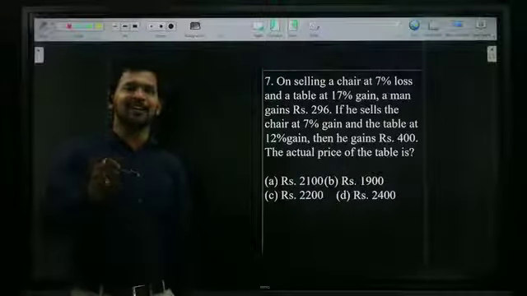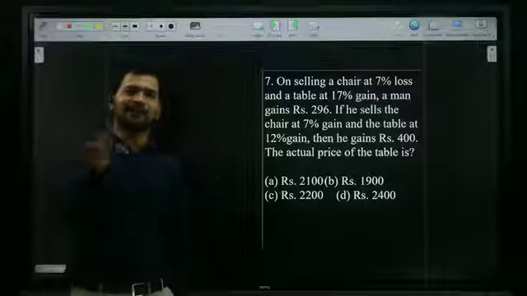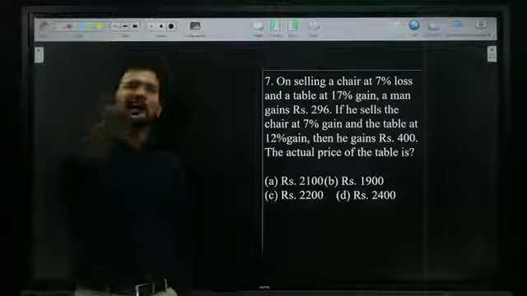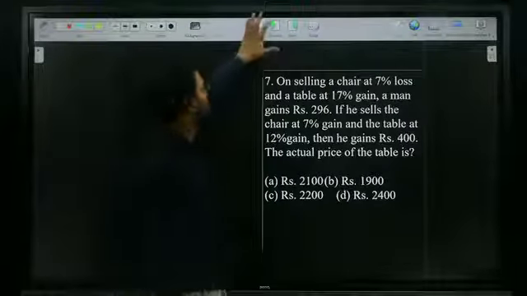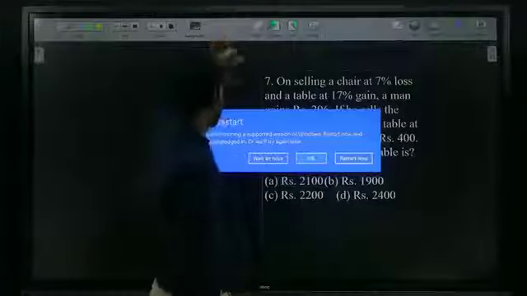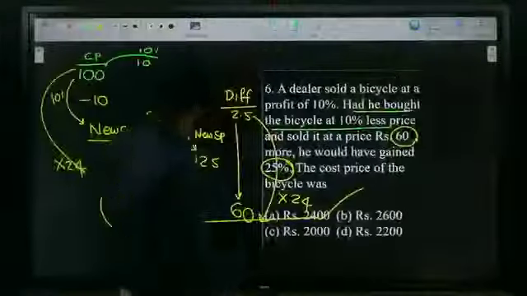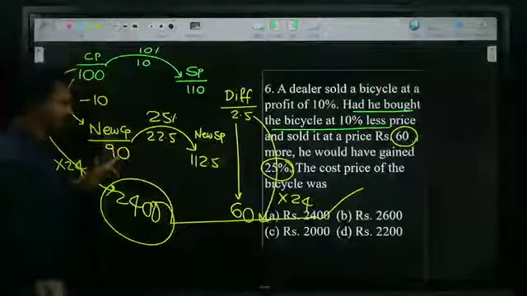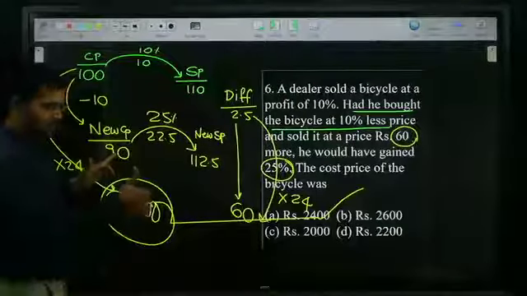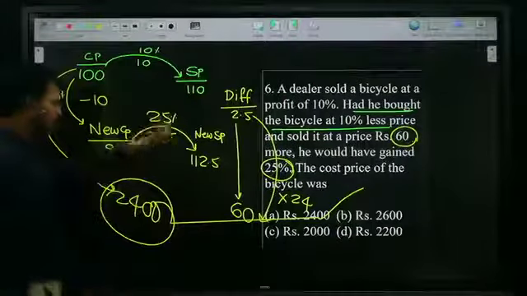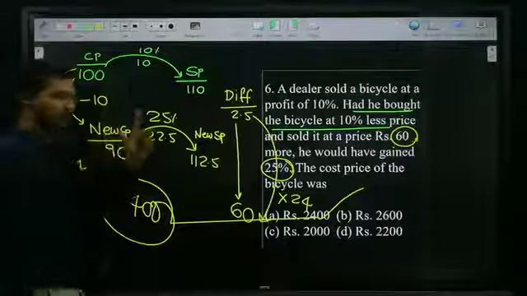On 90 you are getting 25% profit, not on 100. The new cost price is 90, not 100. Are you okay, Swapna? So 25% on 90, not 25% on 100.